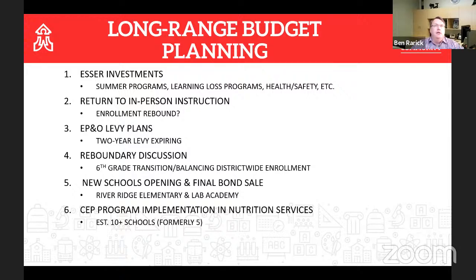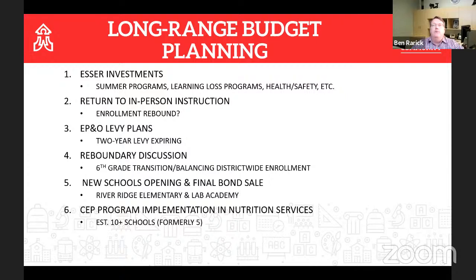It certainly exceeded my original expectations, and I know that was true for our neighboring districts as well. The challenge is, 80 to 85% of our costs are staffing. And you typically don't want to get too aggressive with staffing when it's a one-time revenue. Nevertheless, it's a significant opportunity to make an impact for kids, no question about it.